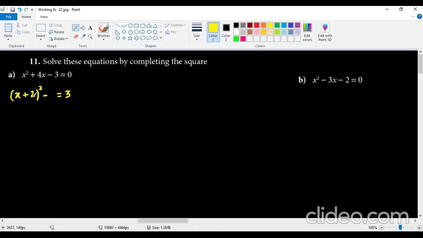subtraction of 2 square is going to be here. Please be reminded of this. Now x plus 2 whole square is going to be equal to 3 plus 4, because minus 4 is going to become a plus 4. So x plus 2 square equals 7.